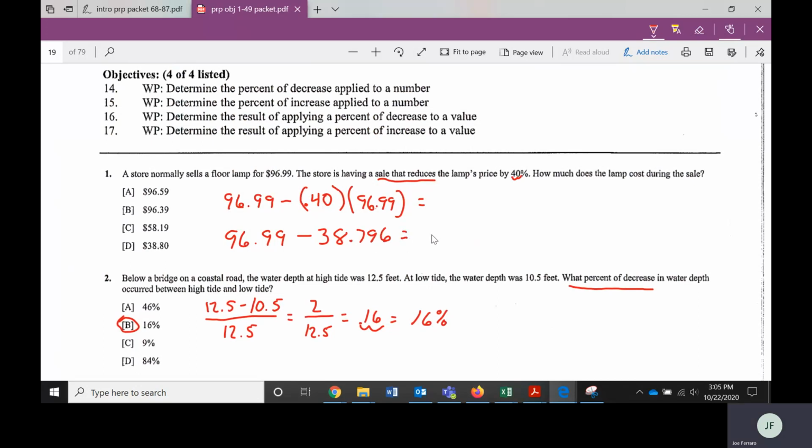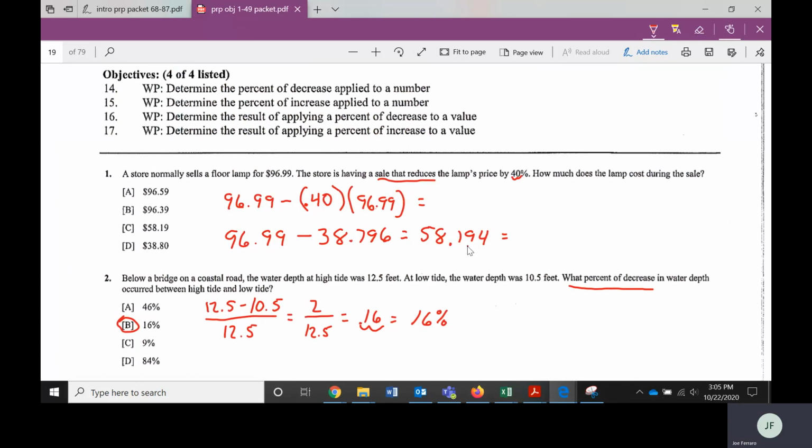Now eventually we're going to have to round here, and I'll talk about that in a second. So now we subtract this. So we take the 96.99 minus 38.796. It's going to equal 58.194.